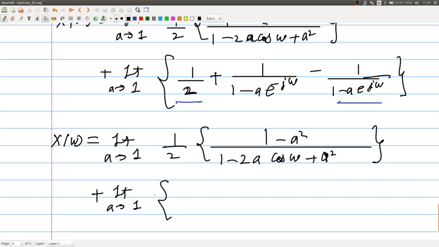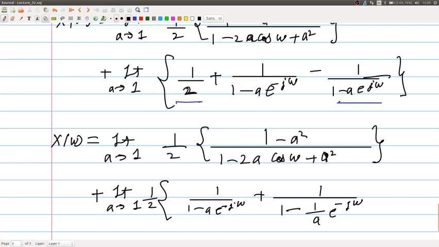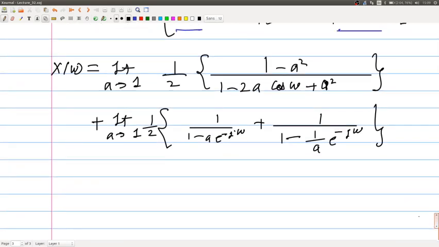So there will be 1 by 2 here. This will be 1 minus a e to the power minus j omega. There will be a plus sign here, and this divided by 1 minus 1 by a e to the power minus j omega.